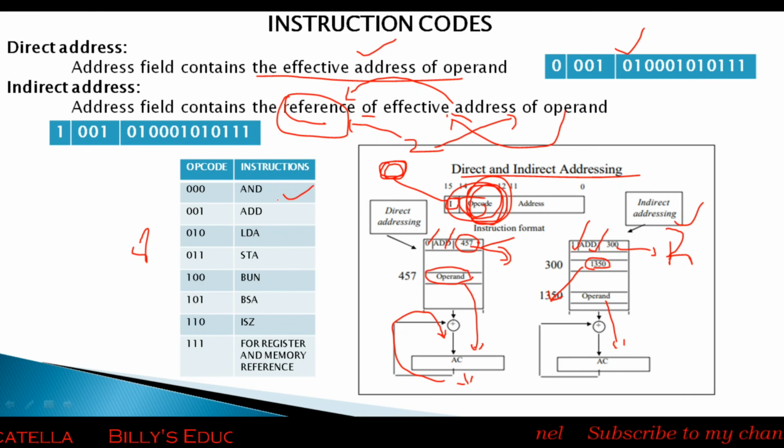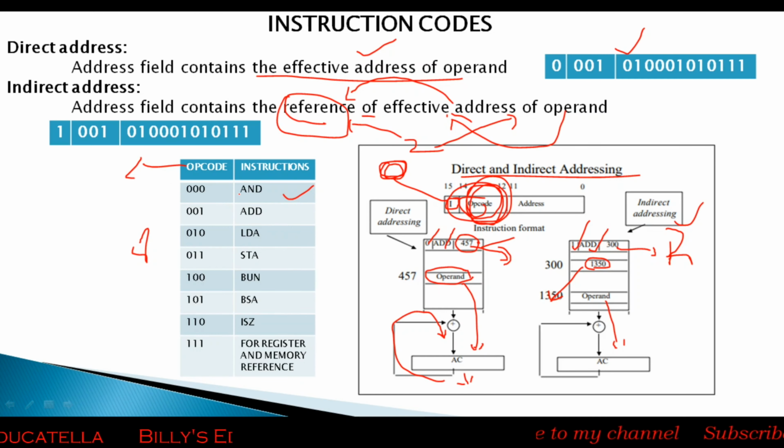After discussing the common bus system, we will discuss memory reference, register reference, and input output reference. In this session we will discuss the opcodes and which operations they specify.